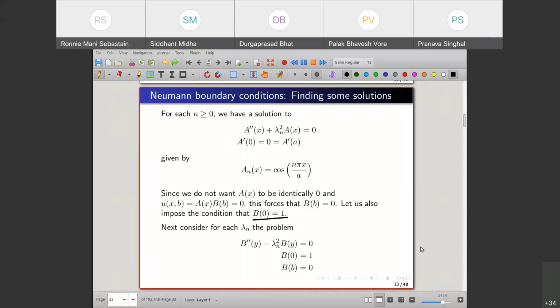Yeah, possibly we can consider the solution as a normalization. That's a valid answer. Yeah, B of 0 can't be 0.